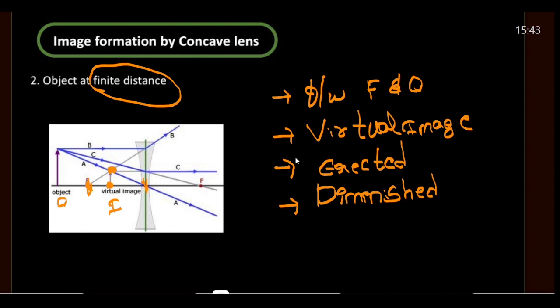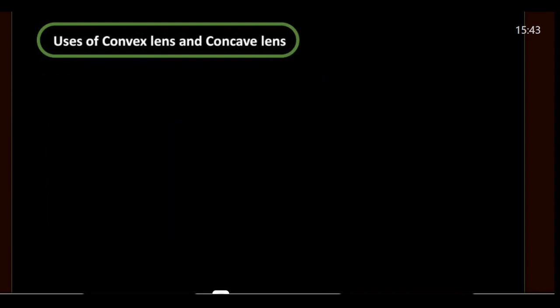But the concave lens always gives a virtual and erected image, and this virtual image is always diminished. Got it? So these are the 6 cases of the convex lens, and also the 2 cases of the concave lens.